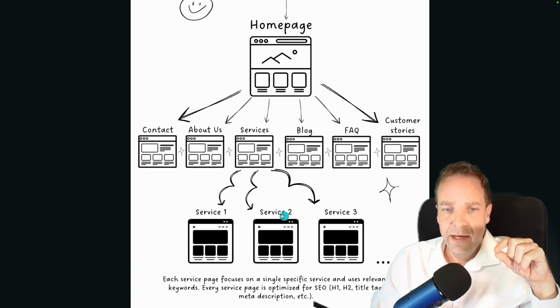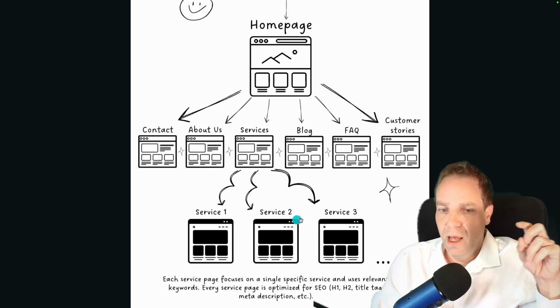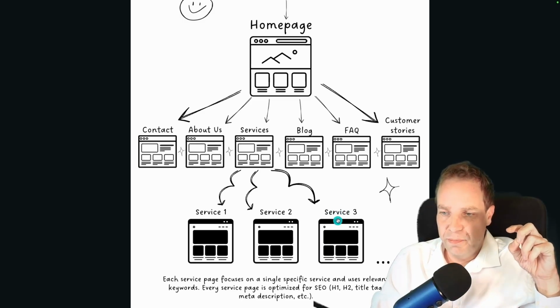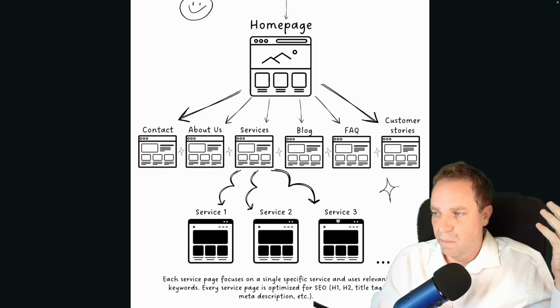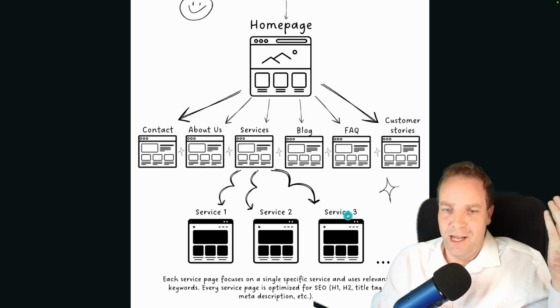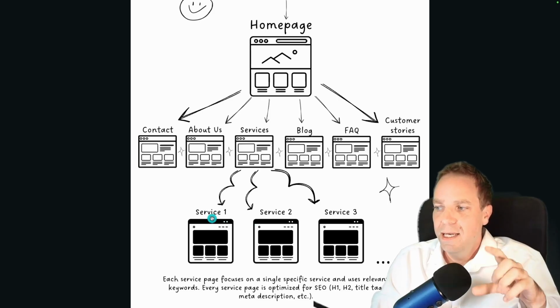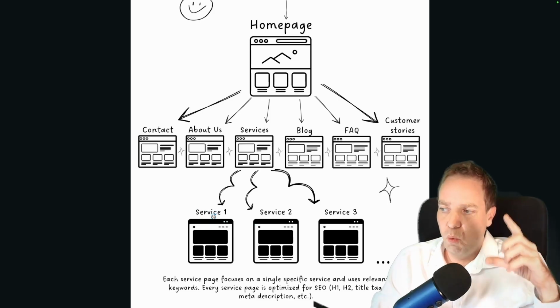And then here we have the service page dent repair, for example. And then this service page is about interior repair or something like this. And on this specific service page, you only talk about this one service.